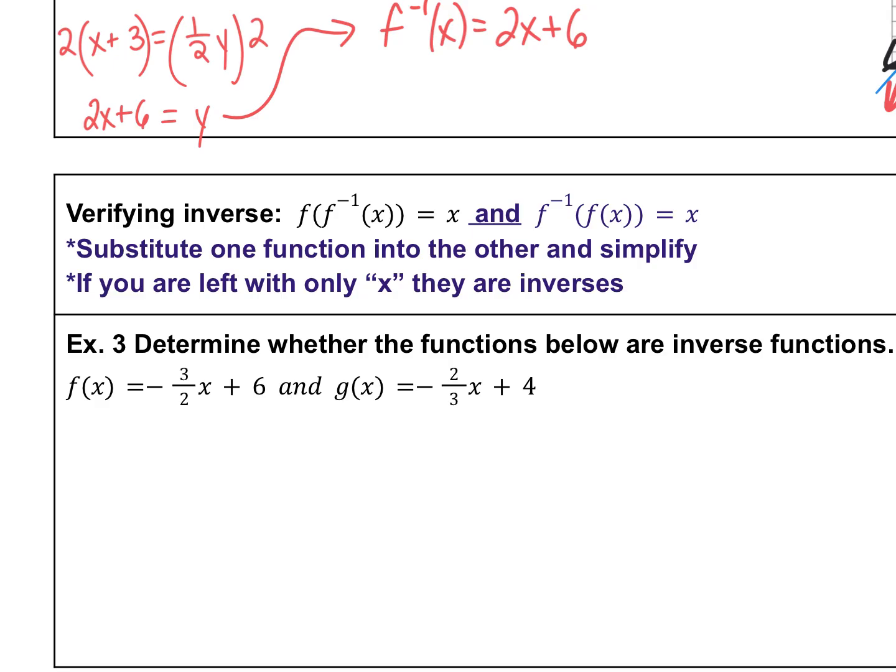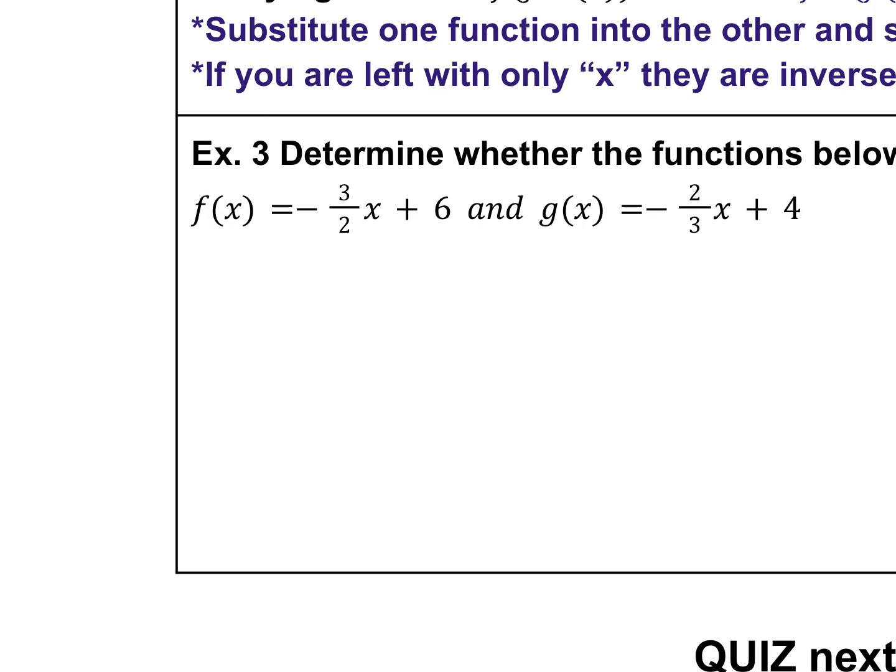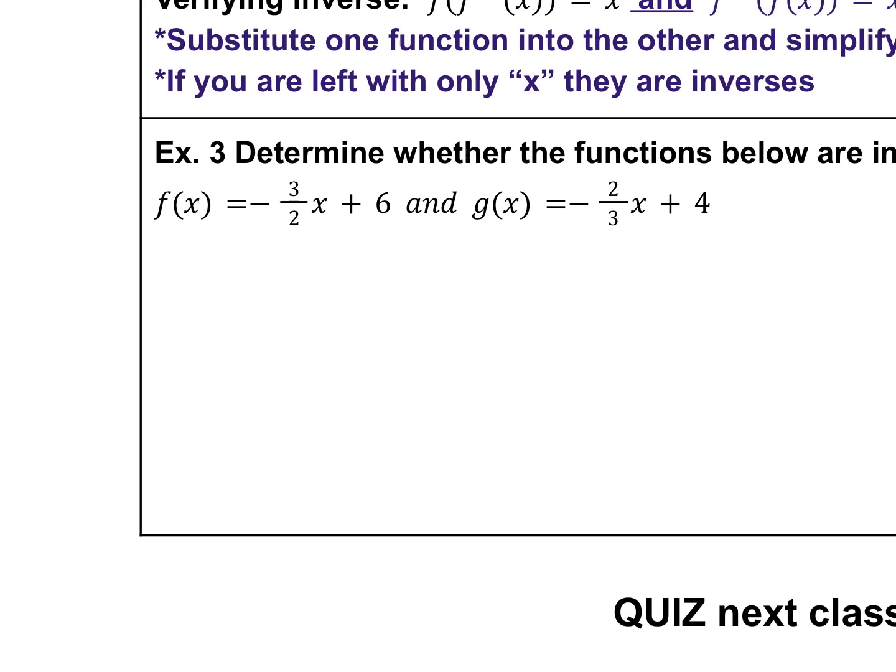I can plug each one of them into the other. And if they both simplify to x, meaning they cancel out everything else about each other, then yes, they are inverses. If they don't simplify to just the letter x, then they're not inverses, okay? So let me show you how this looks with two examples and we'll be done today, okay?